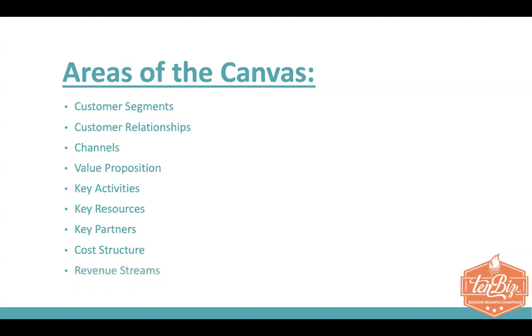And then the other financial side is the revenue stream. So cost structure really is the money that goes out. Revenue streams is the money that comes in. And so we need to identify, okay, if I have a product and a service, let's say that I sell tires, and then I also do oil changes.